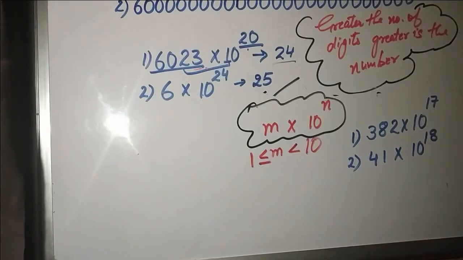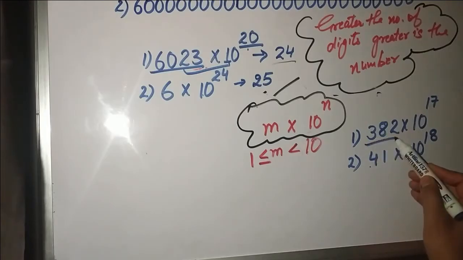Which one of them is greater? You can compare it like 17, 18, 19, 20. It's going to be a 20 digit number, and it's also going to be a 20 digit number. So which one is greater?